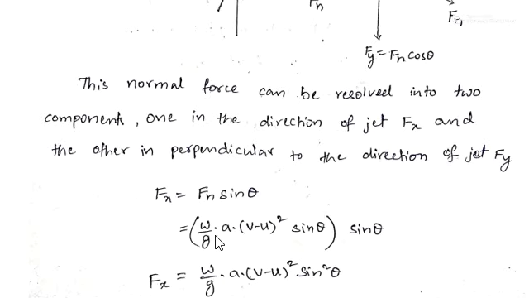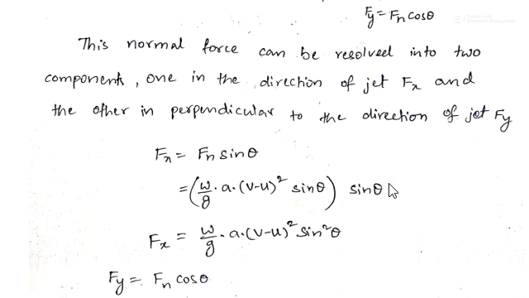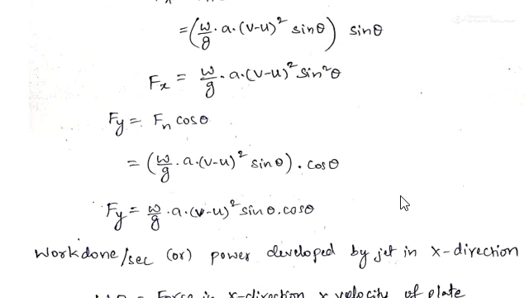In the place of Fn you can write this, and sin theta is there here. So simplifying, it will be W by G into A into (V minus U) whole square sin theta into sin theta, that is sin square theta. This is the force in the x direction.